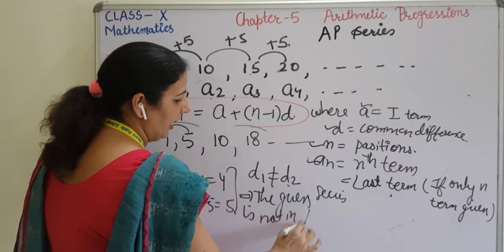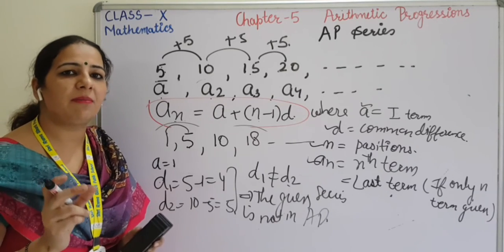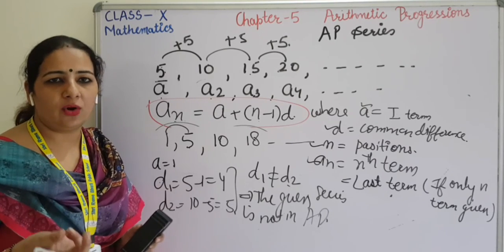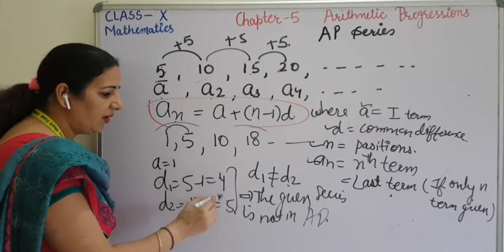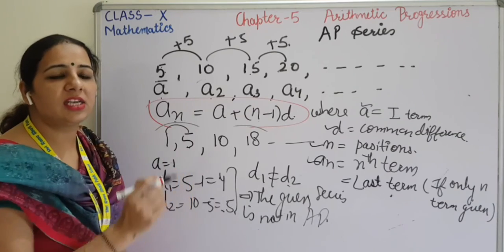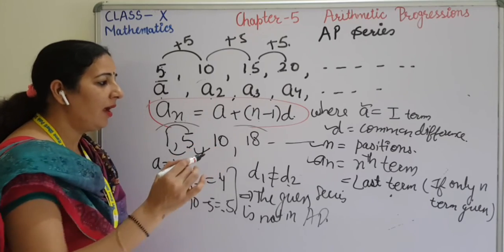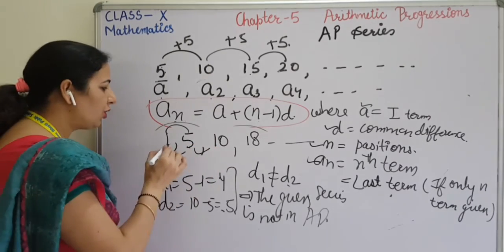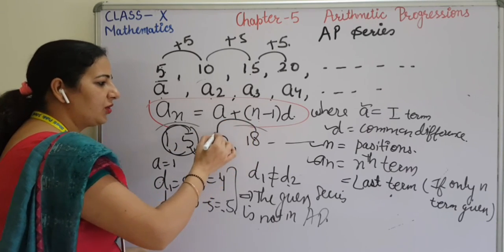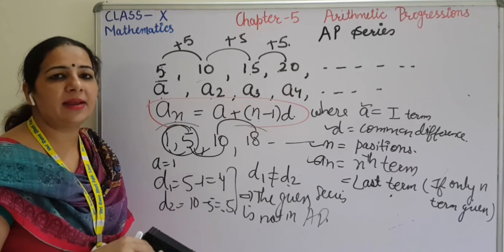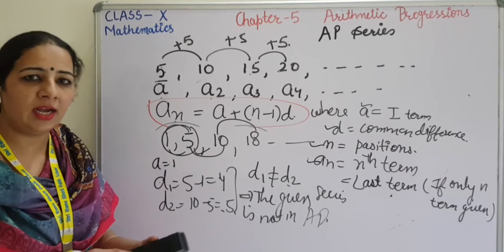Because if it were in AP, the common difference would remain the same. Its name itself is common, common means same, so the difference will remain the same. But here the differences were not the same, so the series is not in AP. The question is for how many places we should check. We should check the difference of these two, then of these two, then of these two. If all 3 times the D is the same, it means the given series is in AP, otherwise it is not in AP.